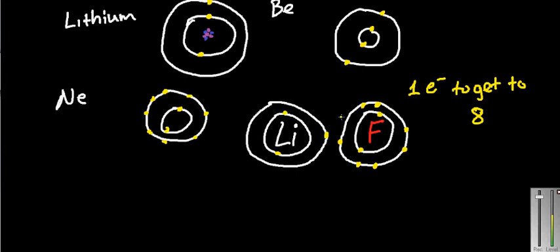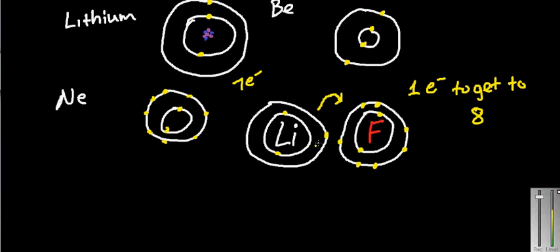So this lithium, on the other hand, still has to get 7 more electrons to get to 8. So he's not really as thrilled about trying to get an electron. He's more so just trying to get rid of this electron, because then he can get rid of this shell.